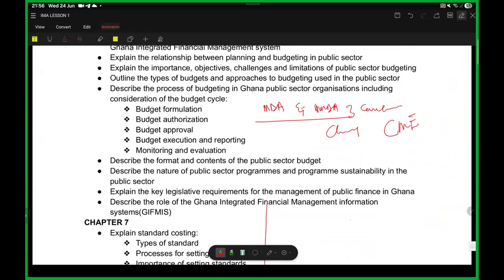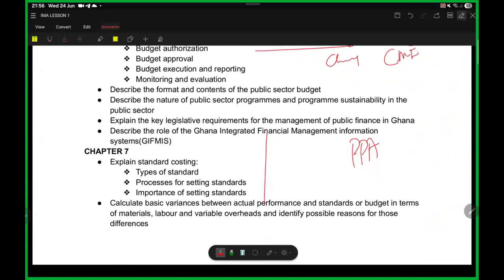You learn about the PPP. The PPP is the public-private partnership, where the government and the private sector come together to have a common operation.